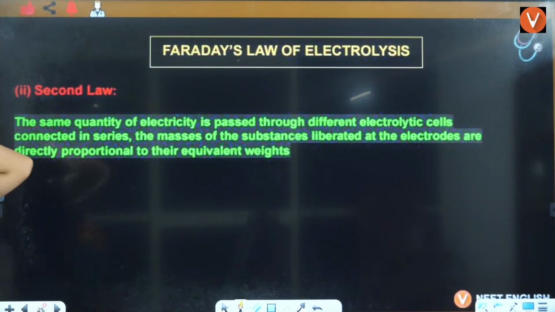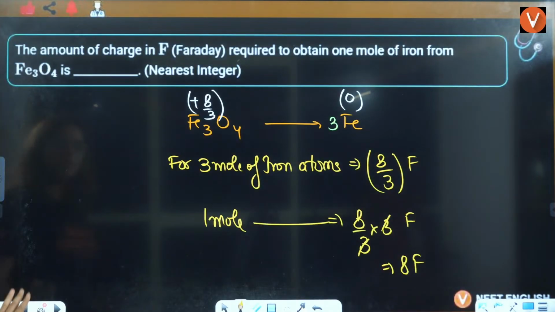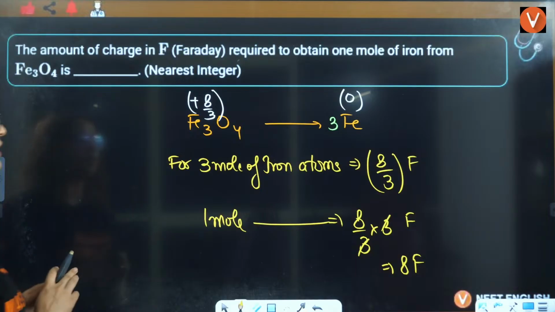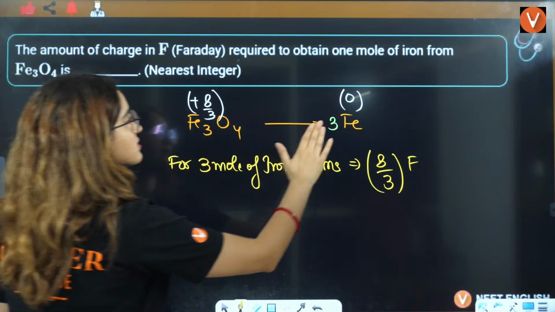Now, let's do the next thing. Right, wait a minute. Acha. They have asked the amount of charge in Faraday required to obtain 1 mole of iron from Fe3. Wait a minute. Here, we have already taken 1 mole. No. Then it will not be like this, because here they have not actually balanced it.